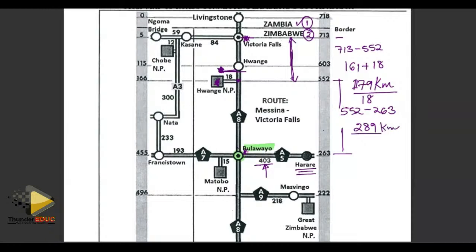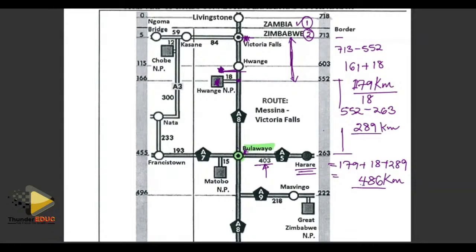Remember, now the total distance will be 179 plus another 18 plus the 289 in the scenario. So in other words, he has traveled a distance of what? 486 kilometers. That's if we were to do it like that.